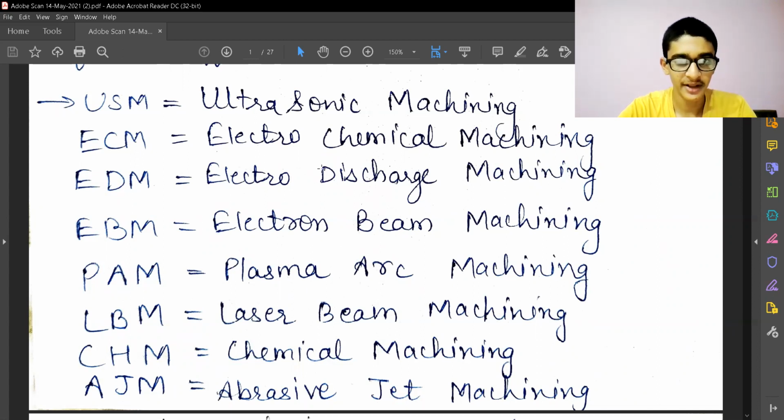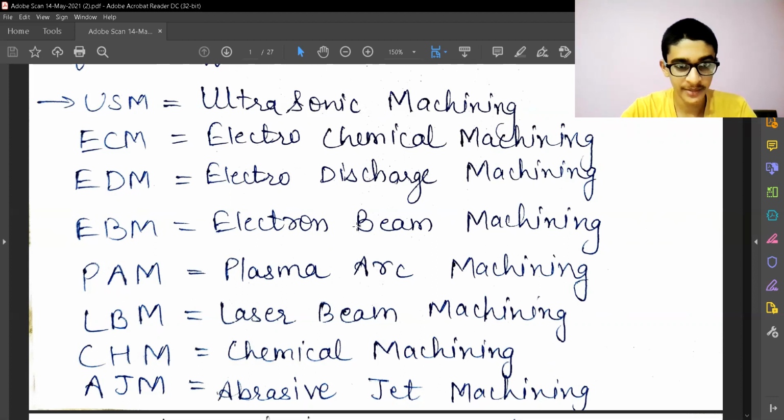EDM, electro discharge machining, is very similar. Then there is electron beam machining, where I impart an electron beam, which is generated using noble gases or some other kinds of gas. When I impart some energy to it, the electrons get discharged from those atoms, and those electrons are directed by an external electric field.